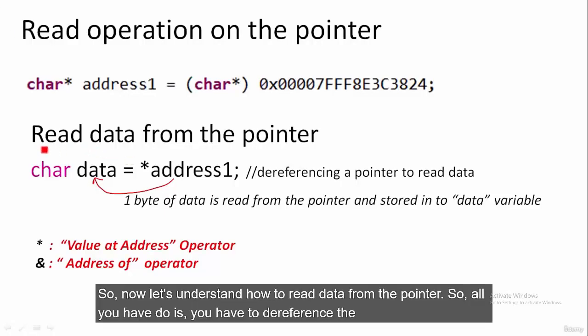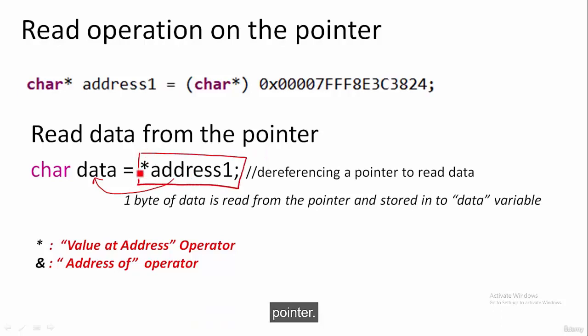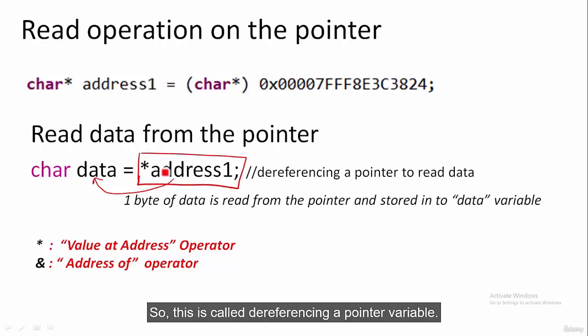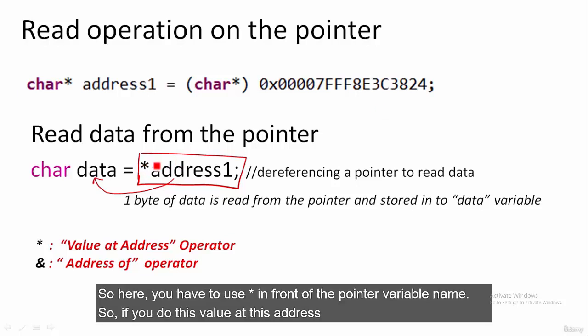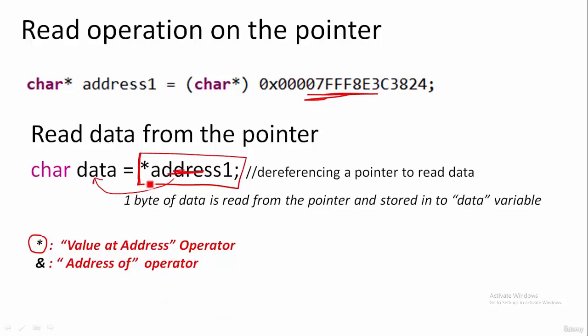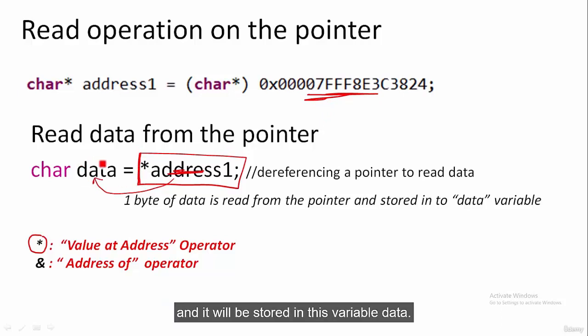Now let's understand how to read data from the pointer. All you have to do is dereference the pointer. This is called dereferencing a pointer variable. Here you have to use star in front of the pointer variable name. If you do this, the value at this address will be fetched and stored in this variable data.